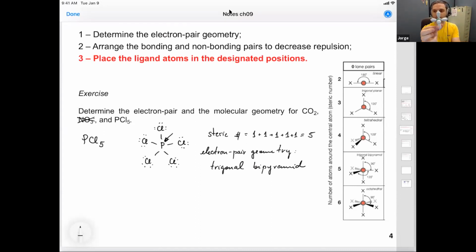And that's going to yield something like that. Okay, so now here we are counting bonding and non-bonding electrons if they exist. So with the electron pair geometry, now let's determine the molecular geometry.